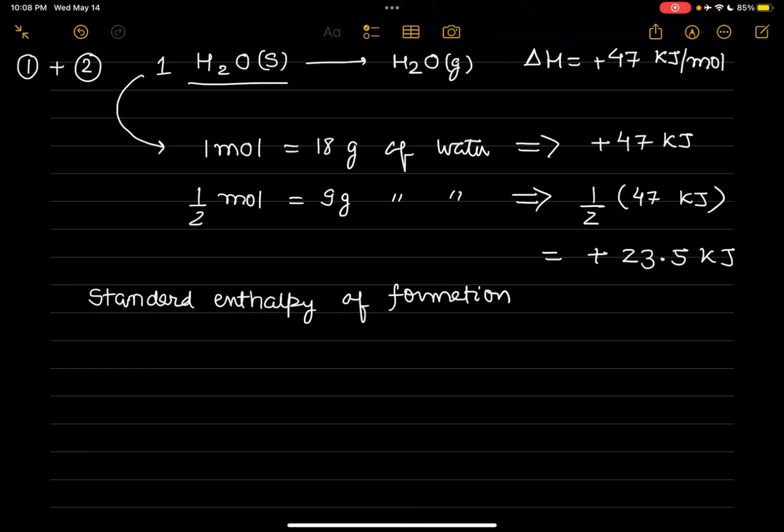Standard enthalpy of formation. Okay. Delta H, delta H_f naught.